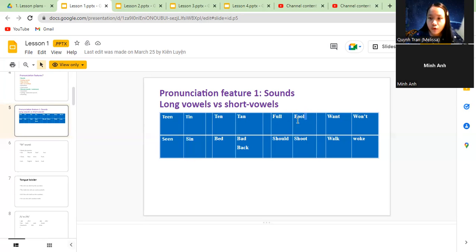Fall and full. Fall and full. When it comes to fall, it's a long vowel sound, but full is a short vowel sound. We have to stretch our mouth for the long one, and for short vowel sounds, we just relax.